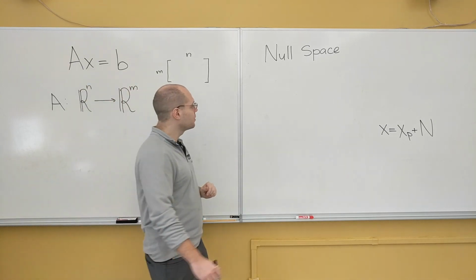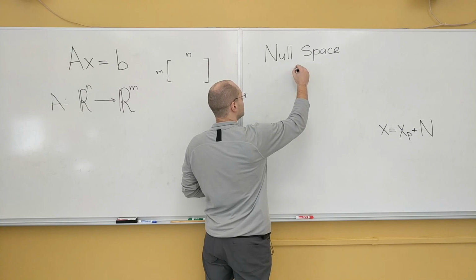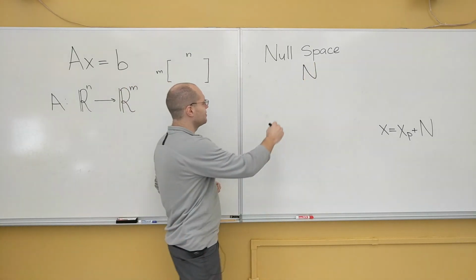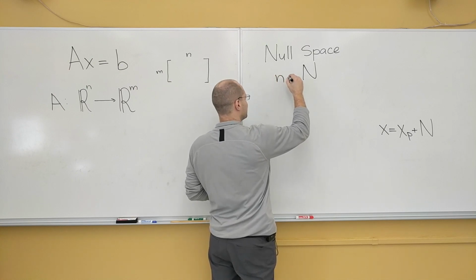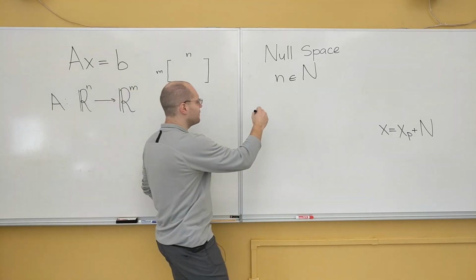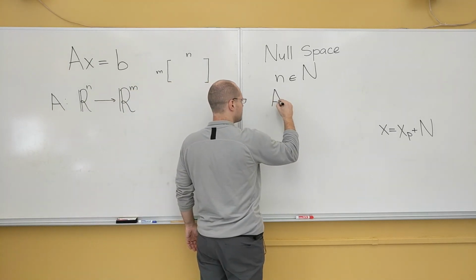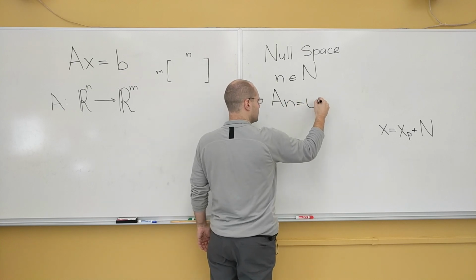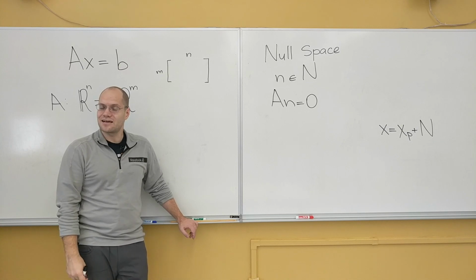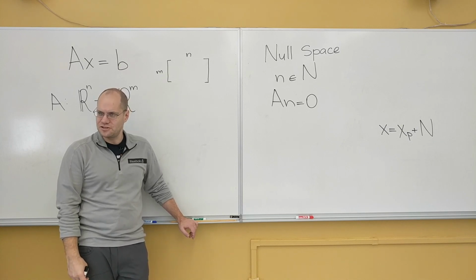Null space in the context of linear transformations. Well, here it is. A vector denoted by the little n belongs to the null space if An equals 0. That's the definition of the null space in the context of linear transformations.